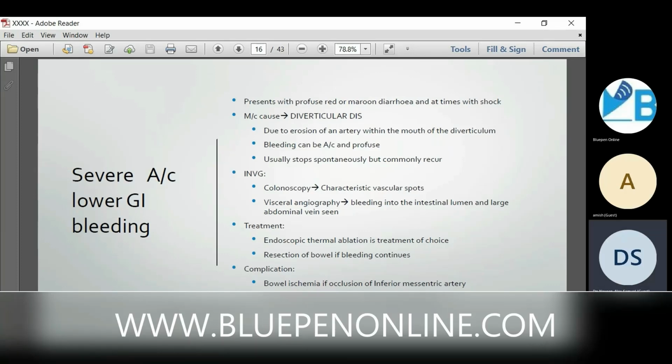Then what are the complications due to this acute bleeding? Complications like bowel ischemia. When blood is lost and there is bleeding of the blood vessel, the region below the bleeding spot will start getting decreased blood supply. That area will start getting deoxygenated and it will cause ischemia.